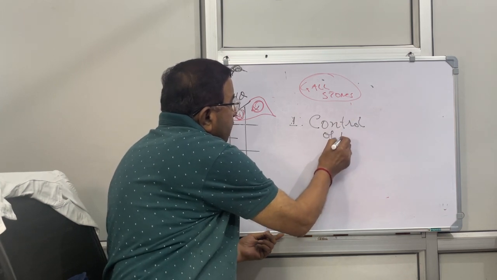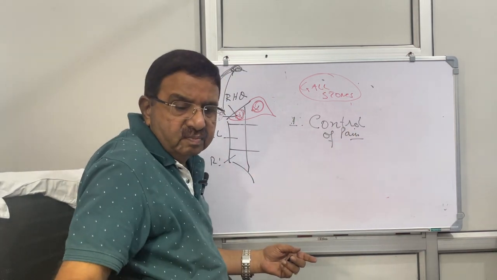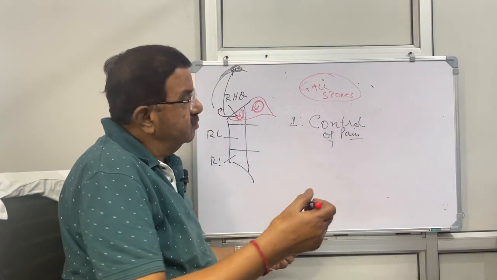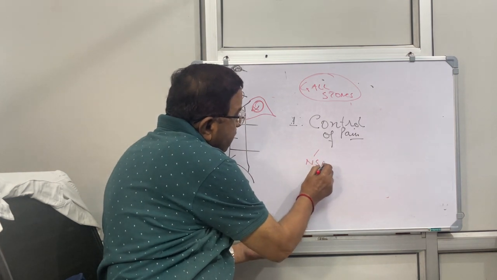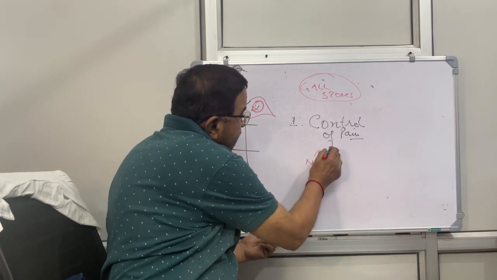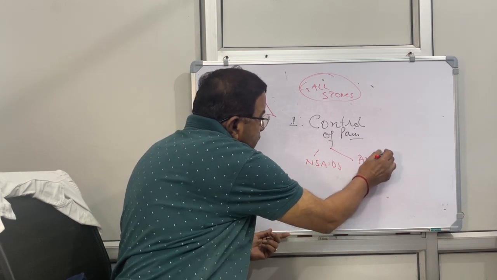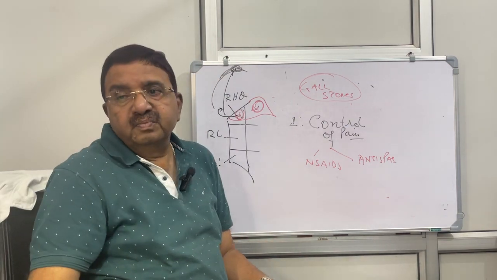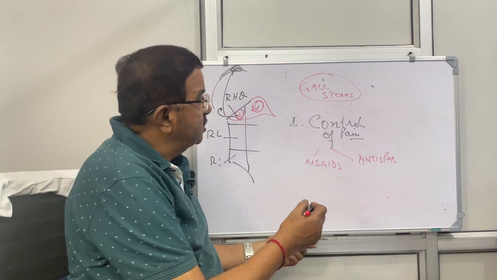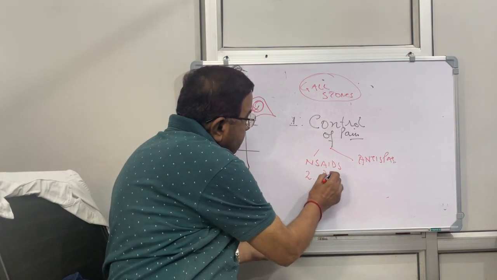Control of pain by NSAIDs, non-steroidal anti-inflammatory drugs, and antispasmodics. Number two, antiemetics. Patient को vomiting लगी है तो we have to give antiemetics.